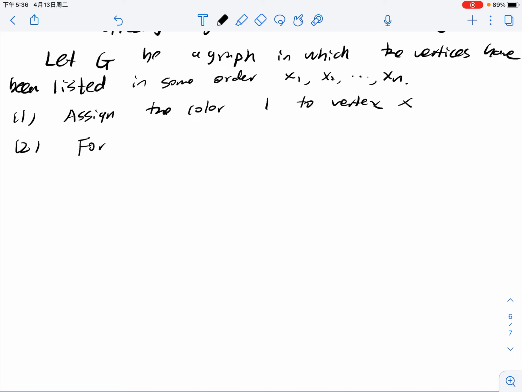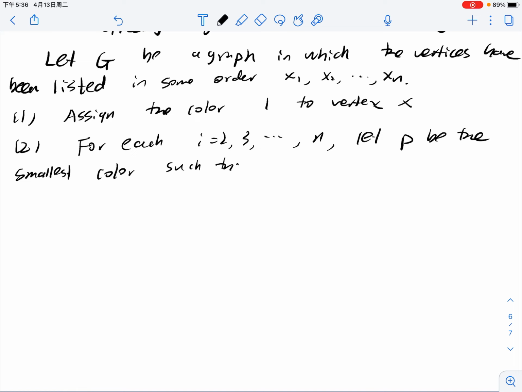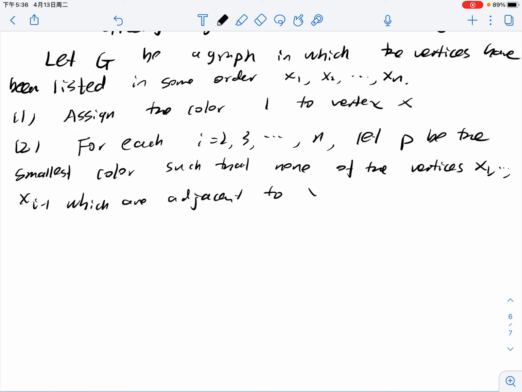Secondly, for each i equals 2, 3, all the way to n, let p be the smallest color such that none of the vertices x1, ..., x(i-1) which are adjacent to xi is colored p.